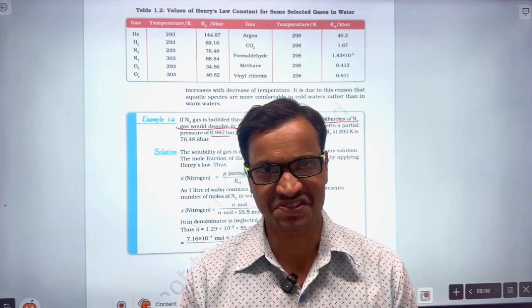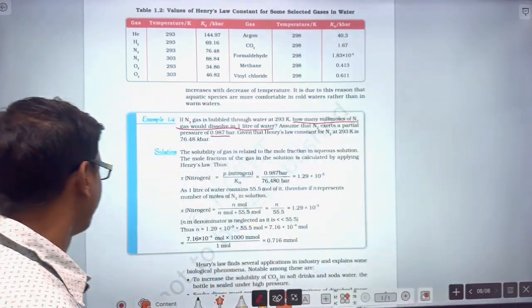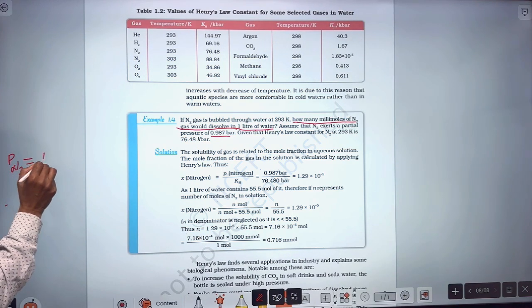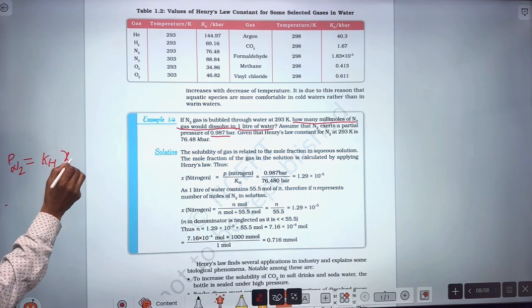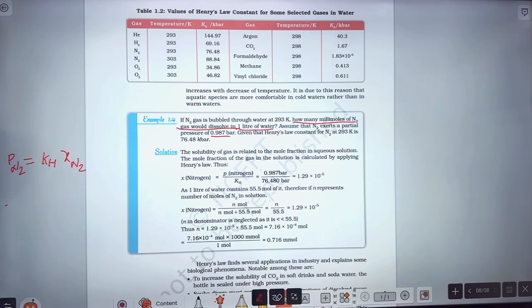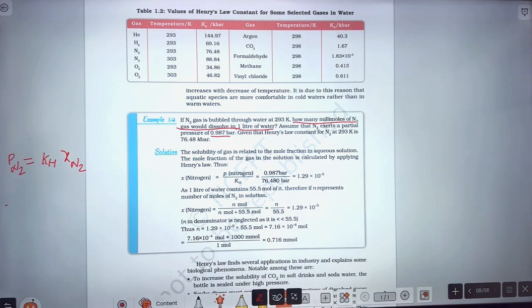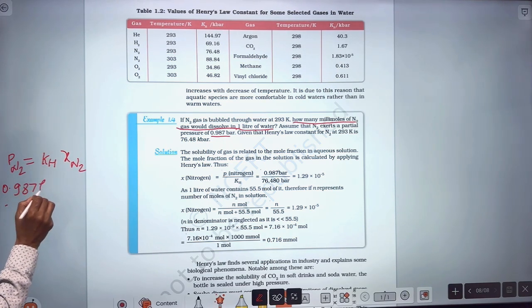By Henry's law, the partial pressure of nitrogen is equal to KH times the mole fraction of nitrogen in the solution. The partial pressure of nitrogen is 0.987 bar.